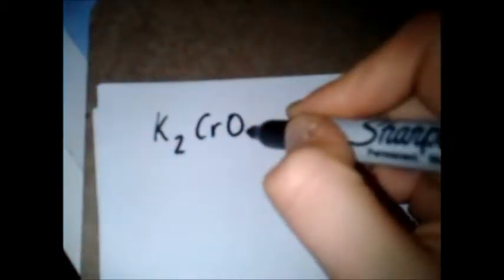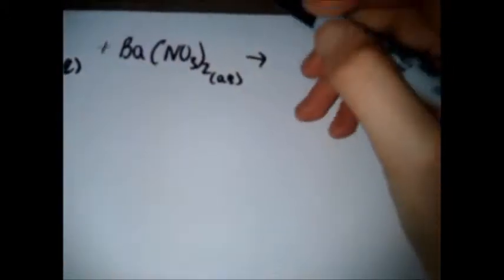Alright, so if we take the example of aqueous potassium chromate, let me write this compound down, mixed with aqueous barium nitrate to produce a precipitate plus potassium nitrate.